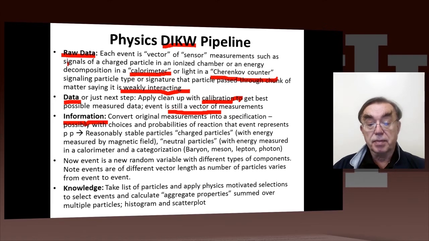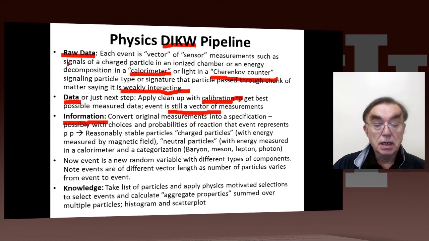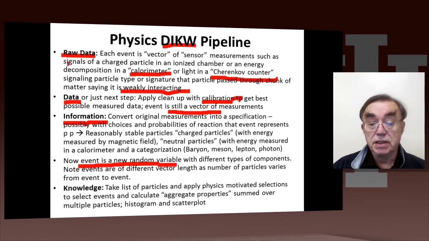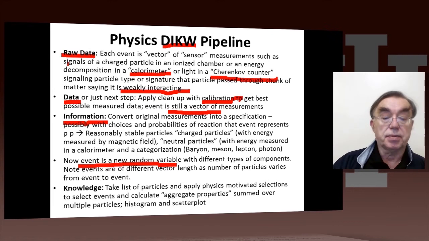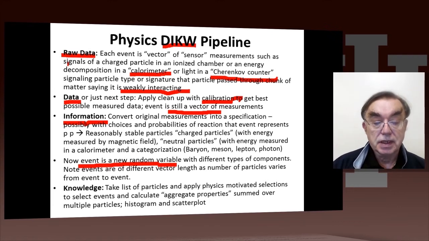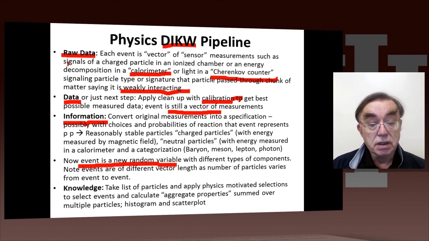This is a baryon, meson, lepton, or photon. So we've now actually transferred to a totally different random variable. It's still a collection of components, but now these components are pretty different. And also the length of the vector, or the size of the collection, has changed, because the number of particles is much less than the number of measurements.